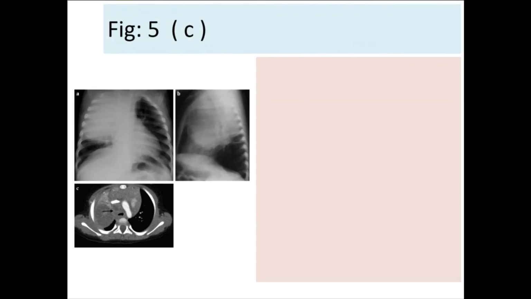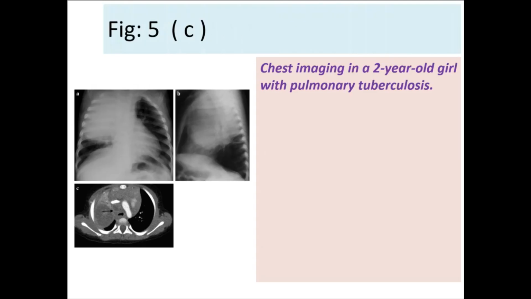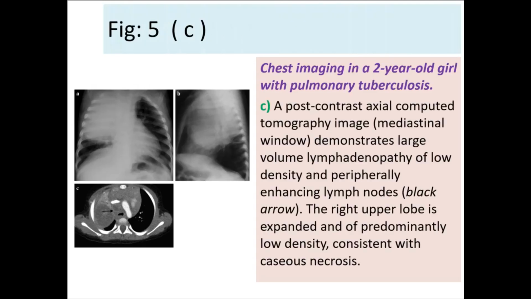Figure 5c. A post-contrast axial computed tomography image, mediastinal window, demonstrates large volume lymphadenopathy of low density and peripherally enhancing lymph nodes, black arrow. The right upper lobe is expanded and of predominantly low density, consistent with caseous necrosis.